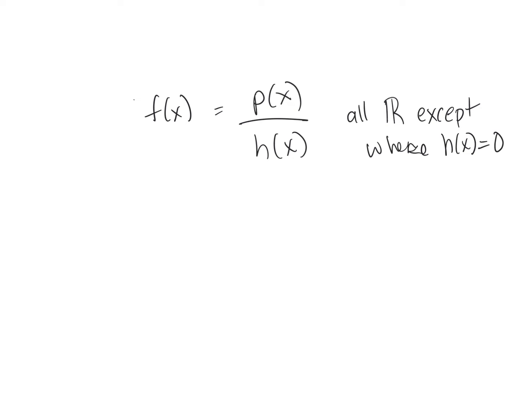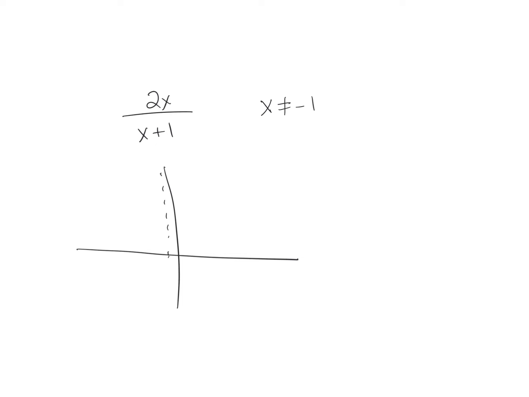Let's take a look at some examples. Take a look at 2x over x plus 1. Now what you have here is a domain that's all real numbers except x can't be negative 1. So you are going to end up with a vertical asymptote at negative 1.